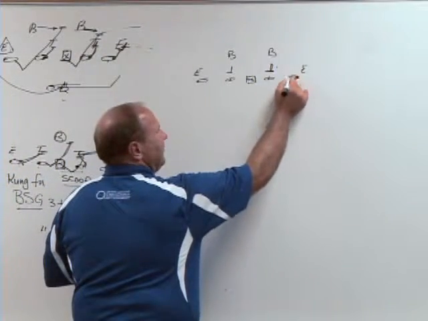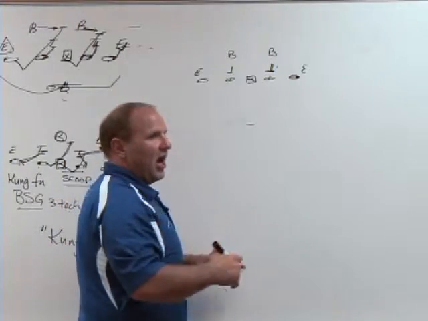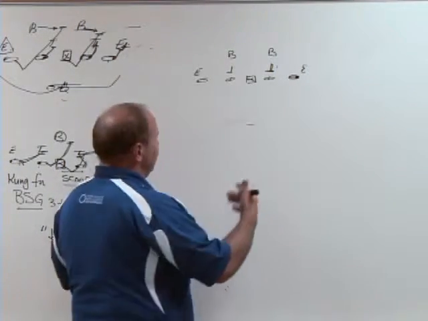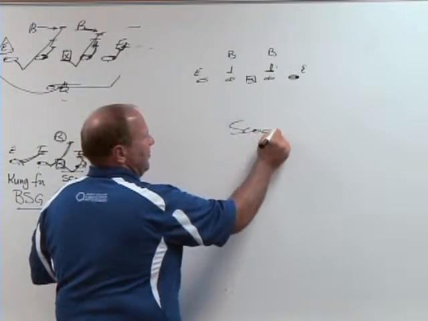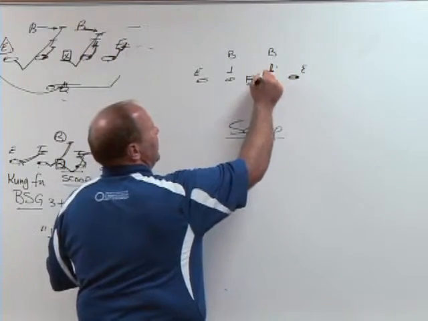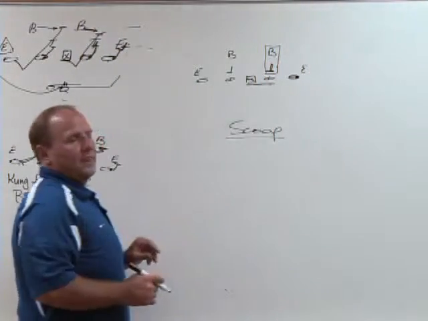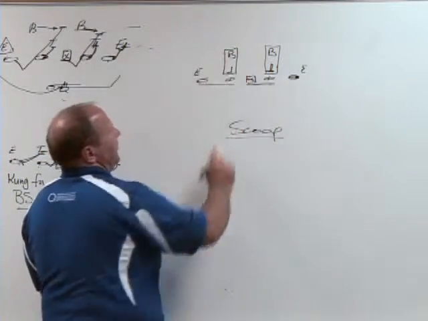As long as this is a 5 technique, we've called it Baskin Robbins, scoop, ice cream. There's a bunch of whatever you want to say, but basically it's a scoop scheme. And what we're going to do is tell these 2 linemen that they're responsible for these 2 defenders.